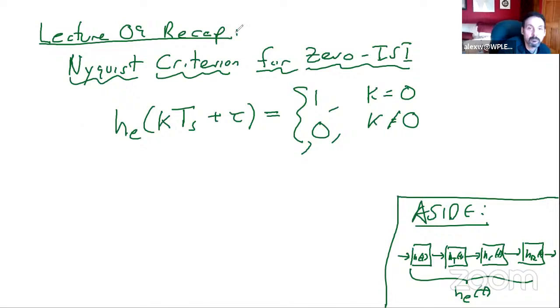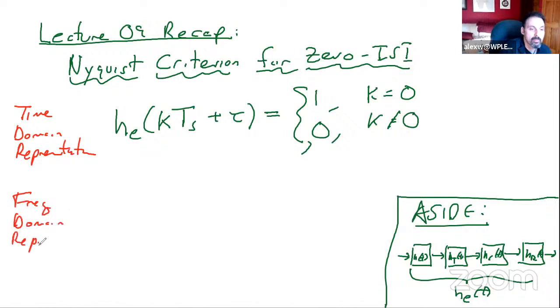This is the time domain representation of this Nyquist criterion for 0 ISI. For the frequency domain, if you take the frequency response of this, it will look like this.